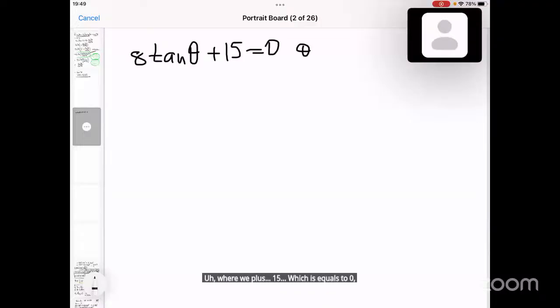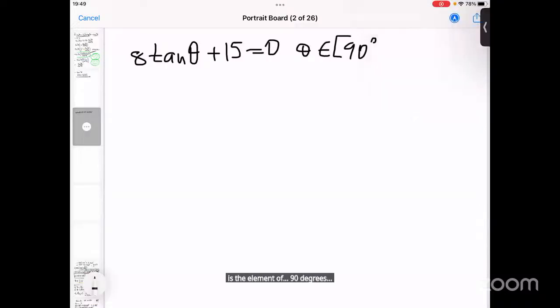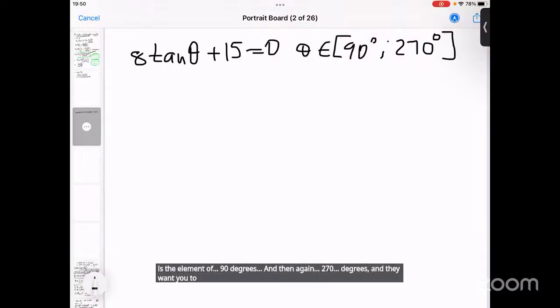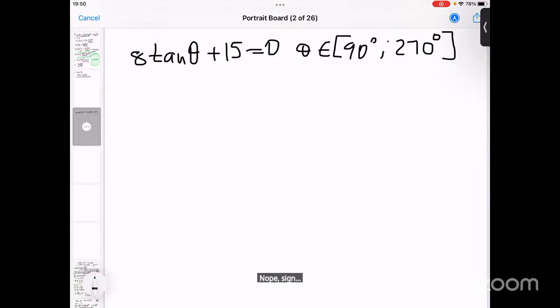And they're saying this angle is an element of 90 degrees to 270 degrees, and they want you to find tan squared A, and then sine theta plus cos theta, and that also.